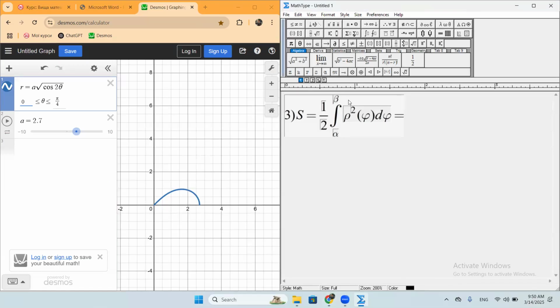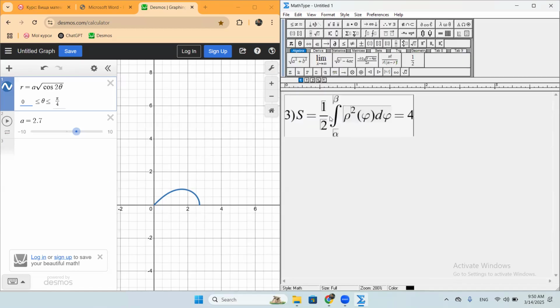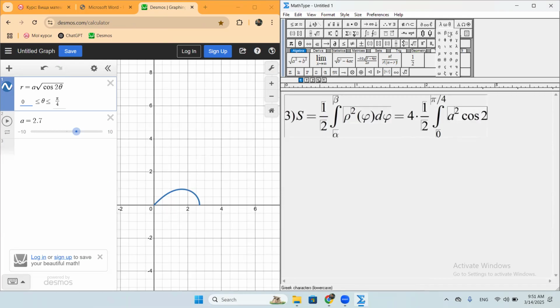So we will have to multiply it by 4. 1 over 2 integral from 0 to p over 4 of a squared cosine of 2 phi d phi.